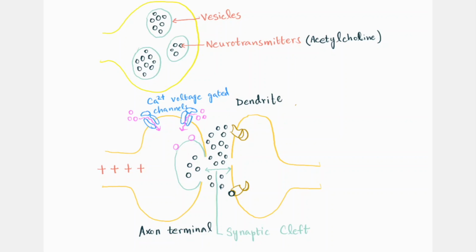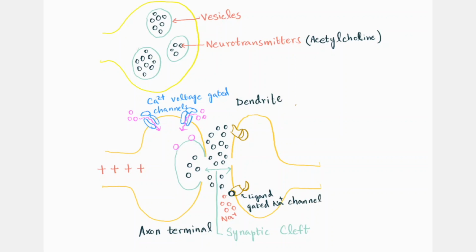And then there's a lot of sodium ions on the outside, right? There's a lot of sodium, Na plus. Since this gate opens, it turns out that this is a ligand gated Na plus channel.